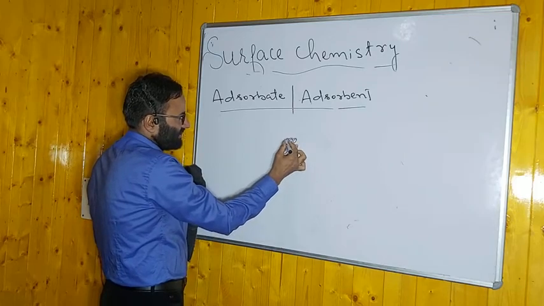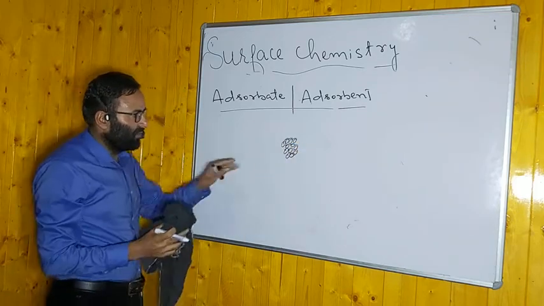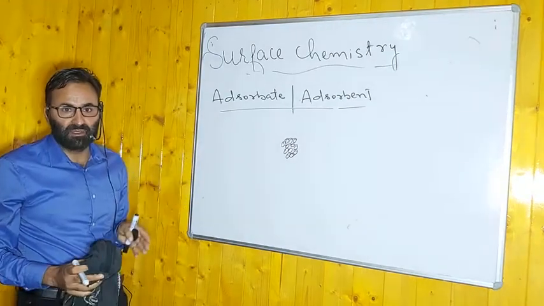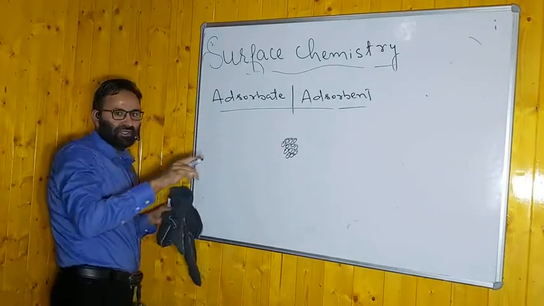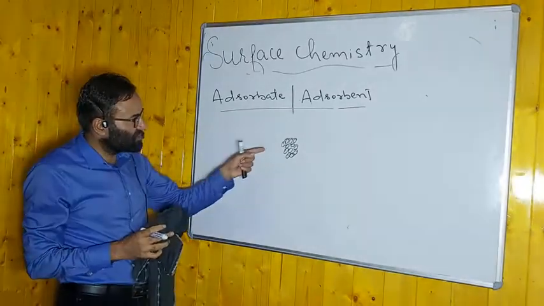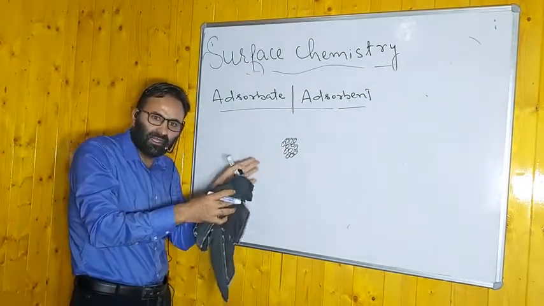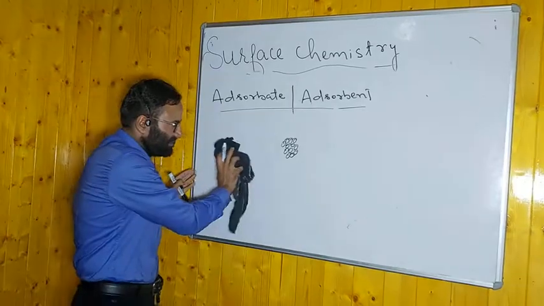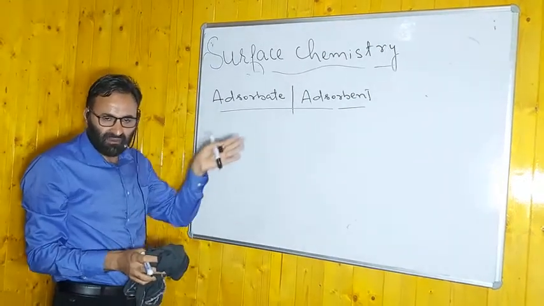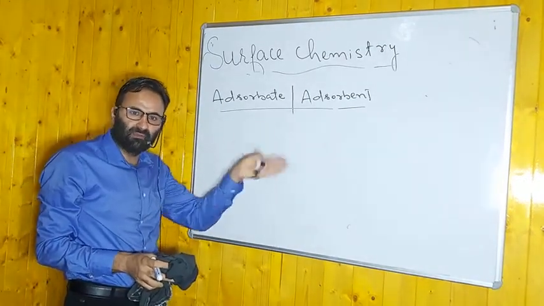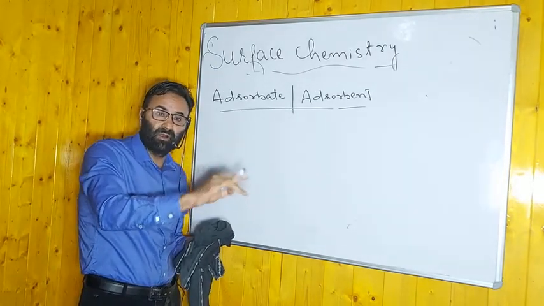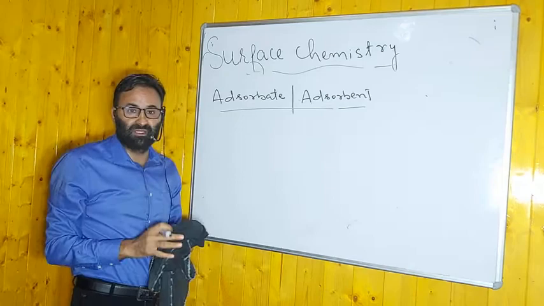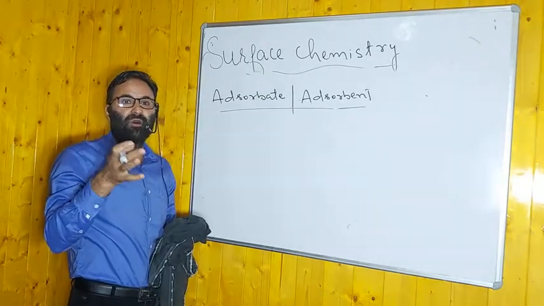Dust particles means adsorbate, and the board, surface of the board, it means adsorbent. Now, the reverse process. If you try to remove the dust particles from the board, we have removed dust particles from the board. The reverse process, that is the removal of adsorbate molecules from the adsorbent surface, that is known as desorption.